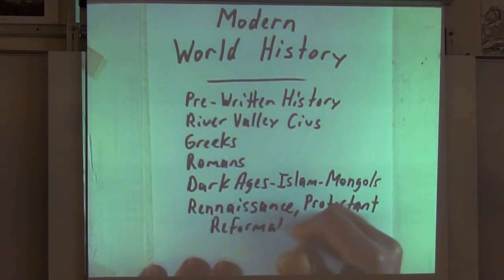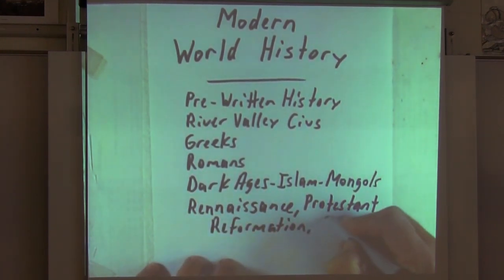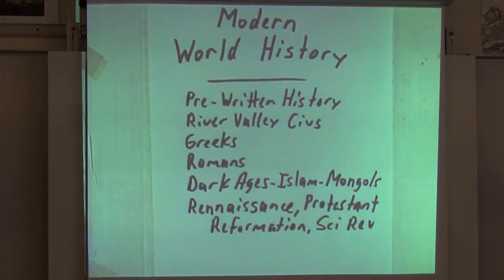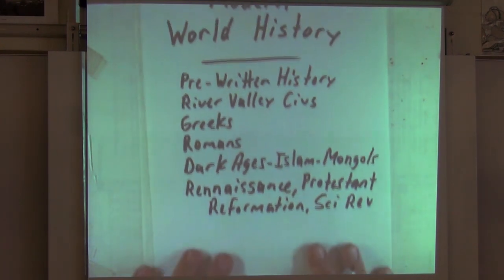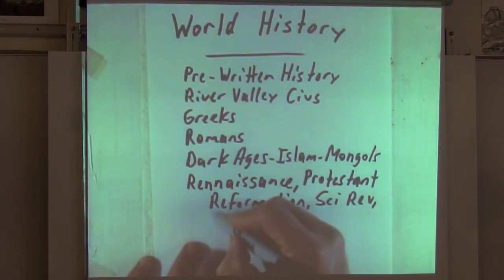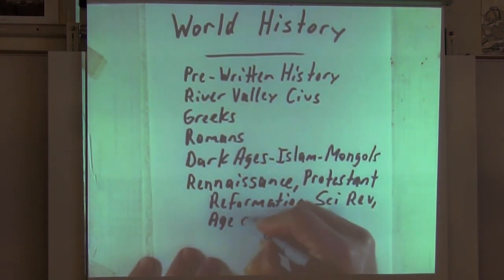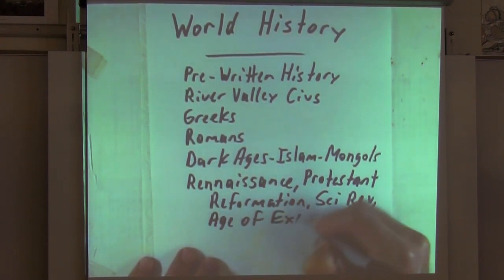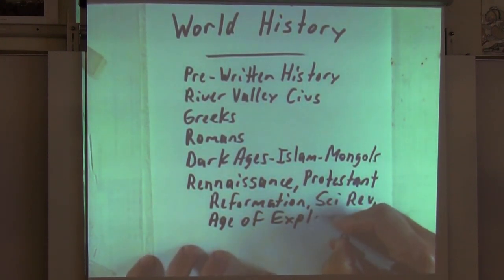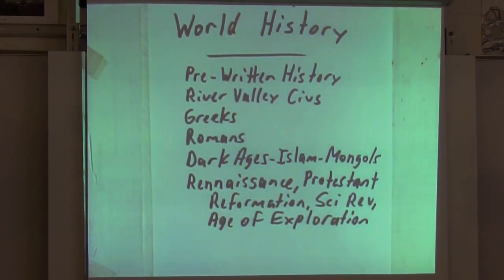Martin Luther, and we did the scientific revolution, remember Galileo and Newton, and then we sort of ended up with the age of exploration. If you recall all that business, we talked about, of course, the contact, Columbus, the conquistadors, all those types of things.